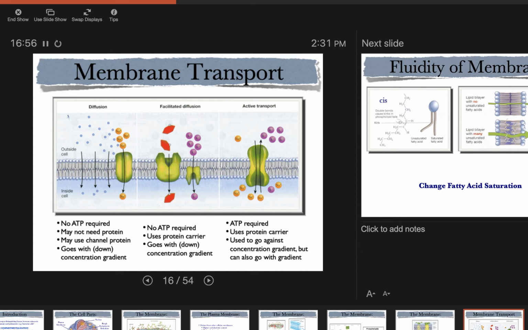And we'll talk about that for carbohydrate absorption coming up. Calcium's another example of where that's really important. There's a few different ways that these proteins rely on ATP, so we'll distinguish as we go through this. But remember that active transport requires energy, requires a protein transporter, and goes against a concentration gradient if necessary.